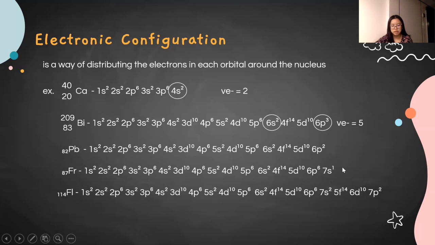Next example is Fl or flerovium. It has 114.